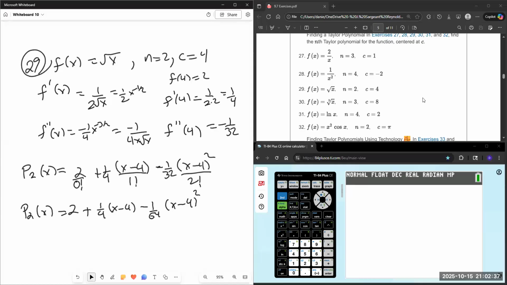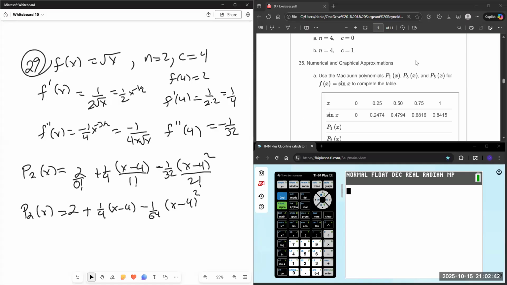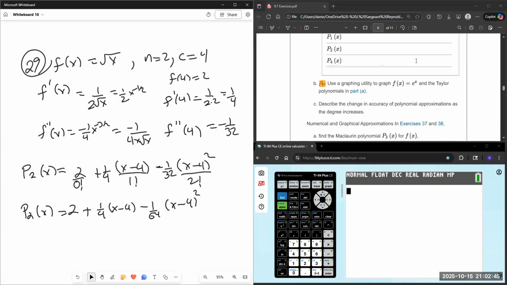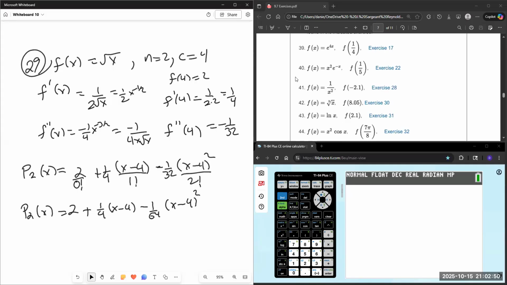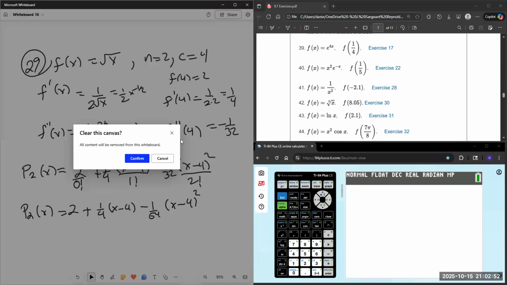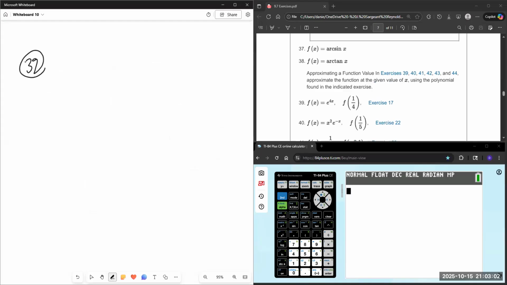All right, let's go ahead and look at number 39. Approximate the function f of x is equal to e to the 4x. We want to approximate f of 1/4.